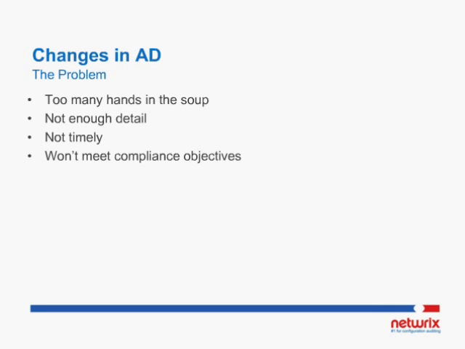I mean, Jeff, any other horror stories that tie in with the problem of monitoring changes in Active Directory? Ooh, yeah. I guess they're almost too numerous to list. I mean, the number of things I've seen where people are added to groups and then removed from groups, where you have access to something one day and suddenly you don't have access to it. Or someone decides to go through and clean up an administrative account or administrative group, and they strip all your service accounts of access, and now things just start breaking and no one knows why.